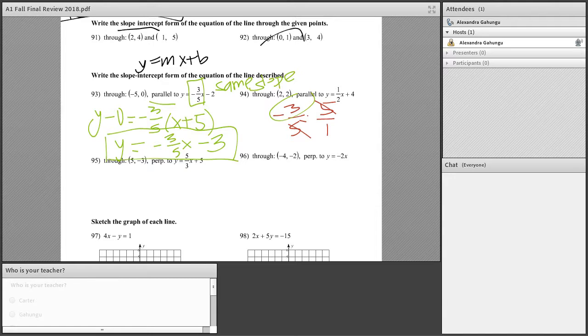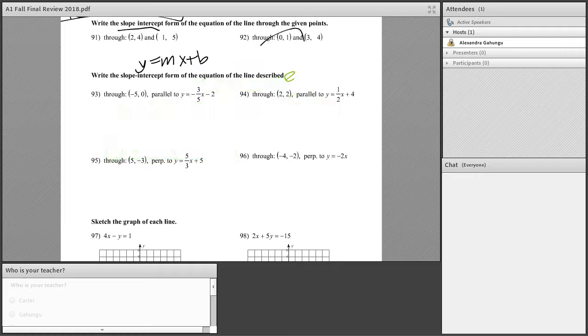The next thing, let's erase this and look at perpendicular lines. So perpendicular lines do not have the same slope. They have opposite reciprocal slopes.